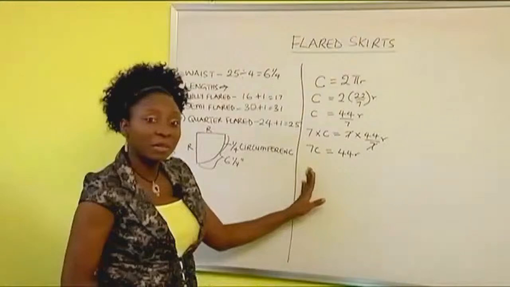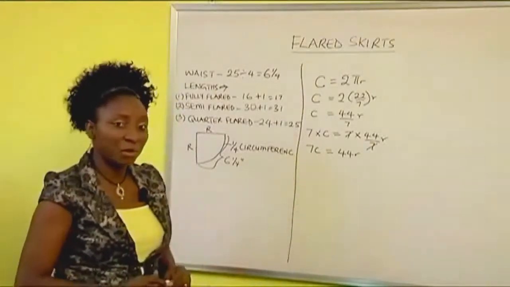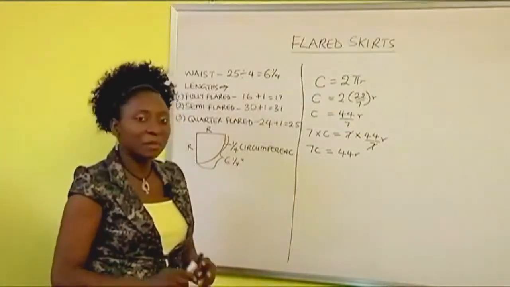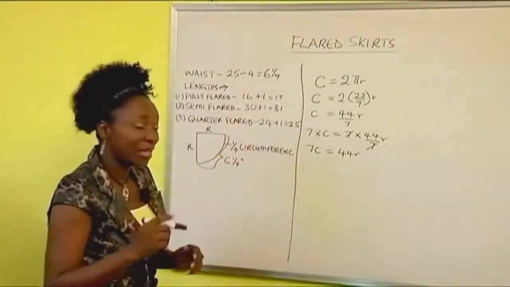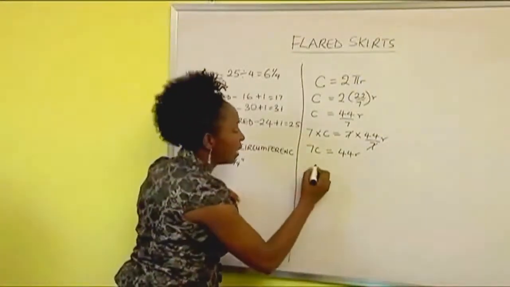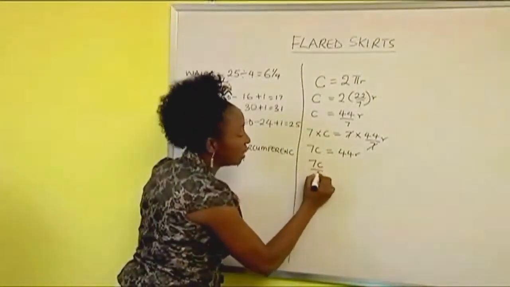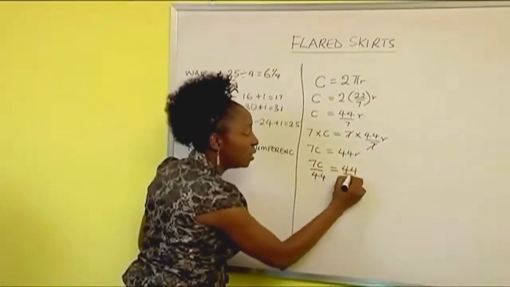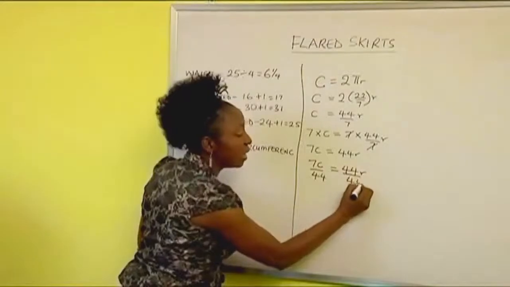So you can see that we're very close to making r the subject of the formula. So I want to take this and divide both sides by 44. Very clever. That's why mathematics is very good for life. So I take that, 7C divided by 44 would give me 44r/44.